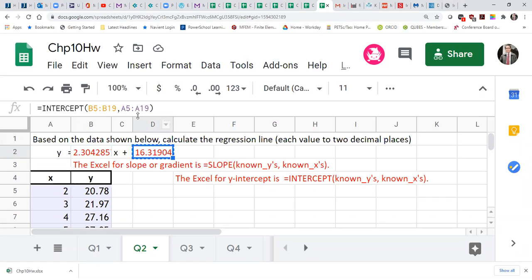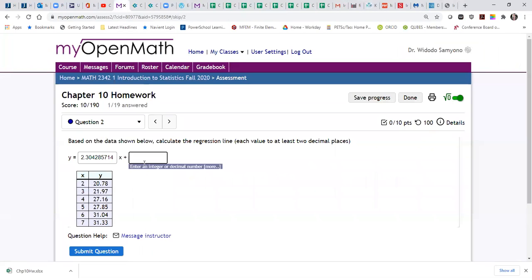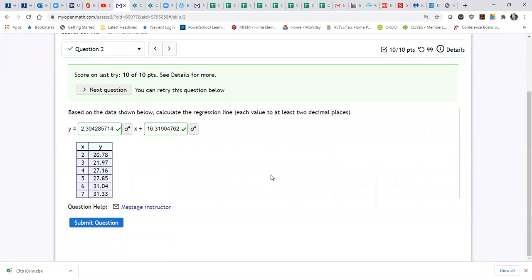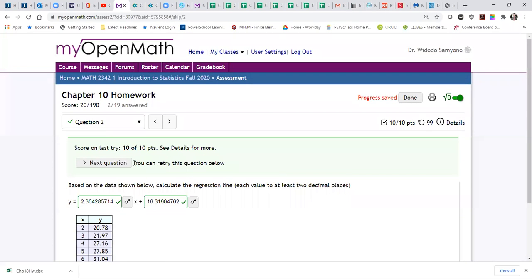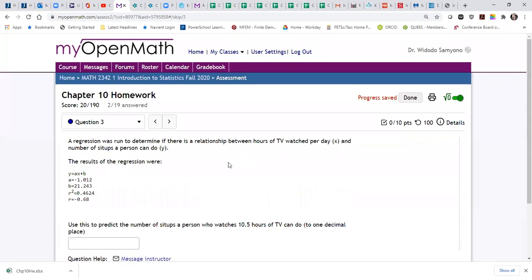Control and then paste it here. Okay, so this is number 2.